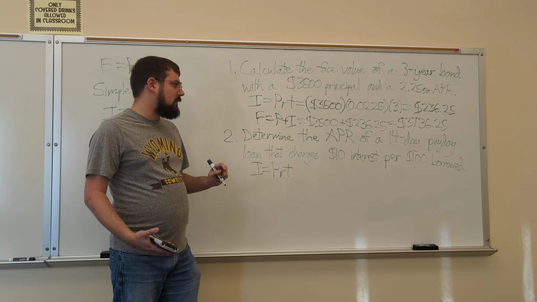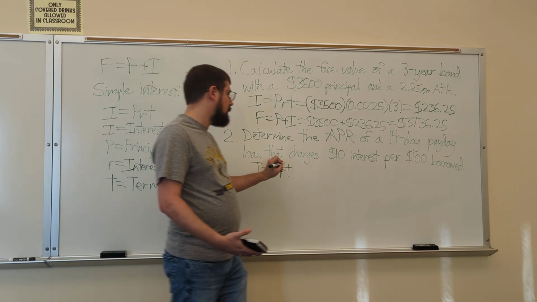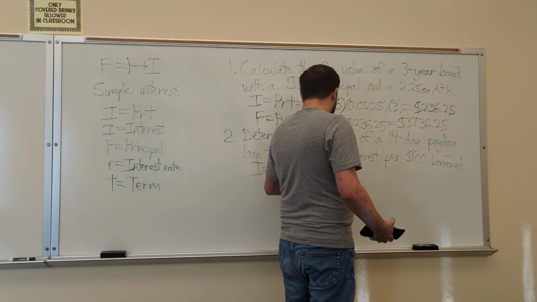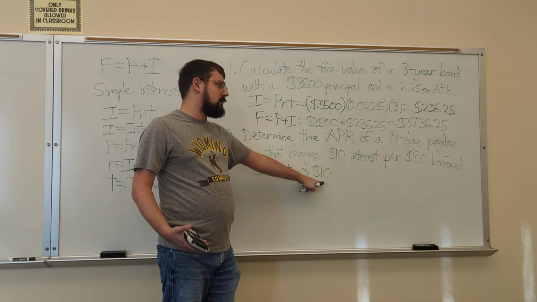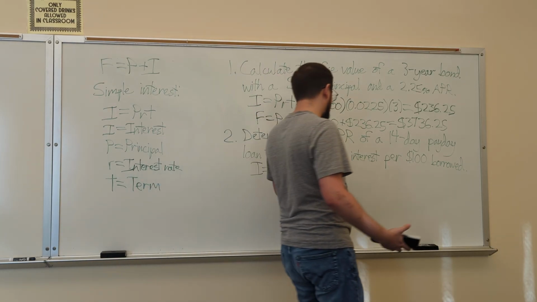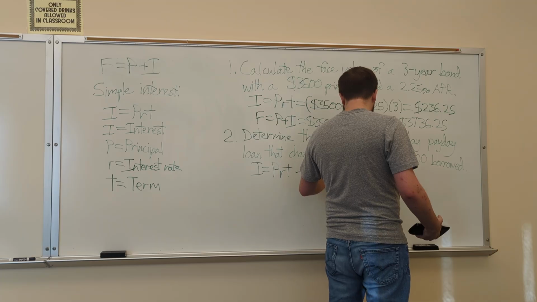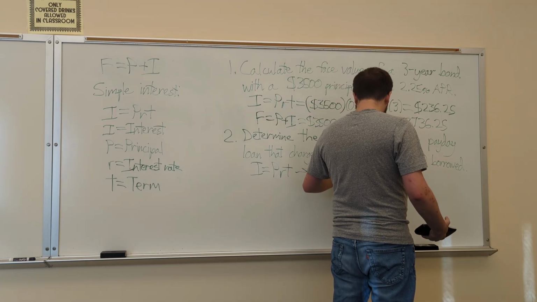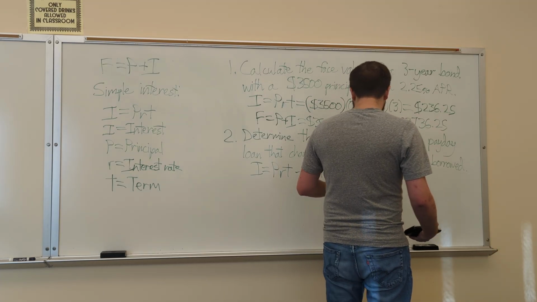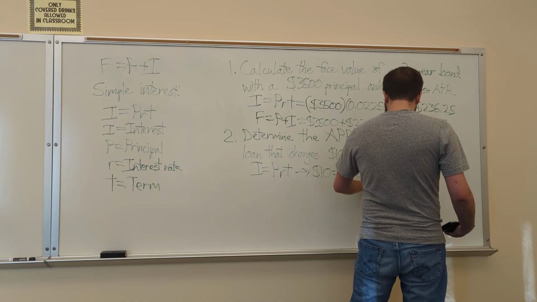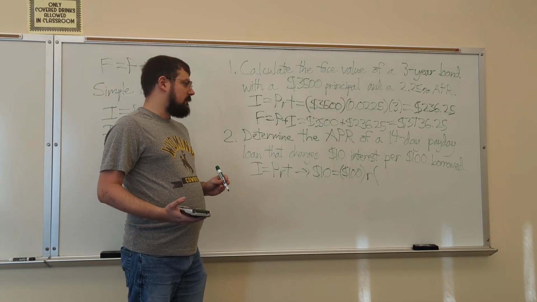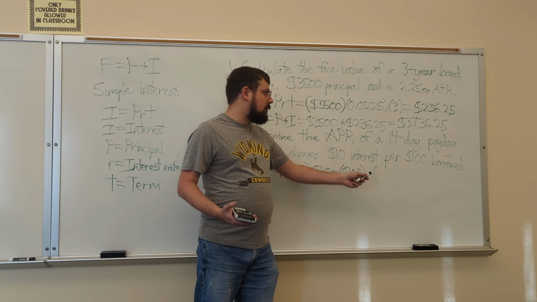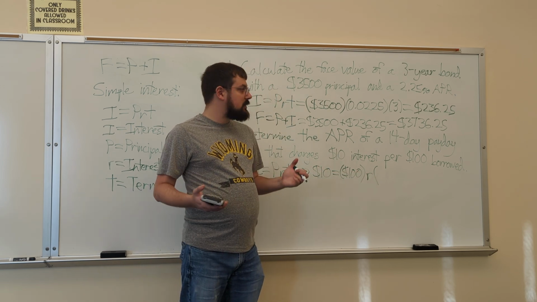So I, in this case, that's the interest that's being charged. So that's $10 per 100 borrowed. So what we can say is that's $10 of interest if we have a principal of 100, times R, and then T. In this case, if we wanted to find the APR, we want T in number of years.